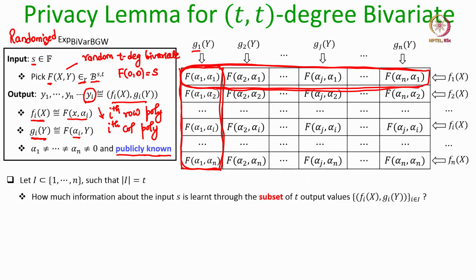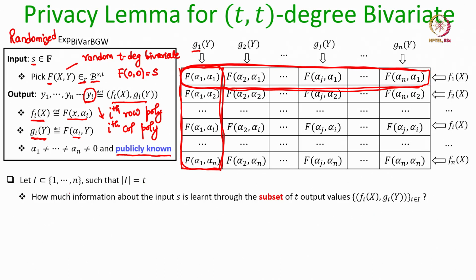The privacy lemma would like to assess the following. Suppose I focus on a subset of t output values in this experiment. It could be any subset of t output values, need not be the first t or the last t output values, or t consecutive output values, any subset of t output values.